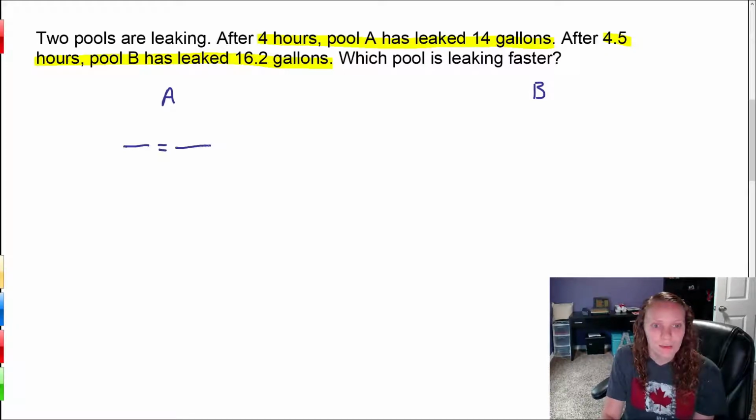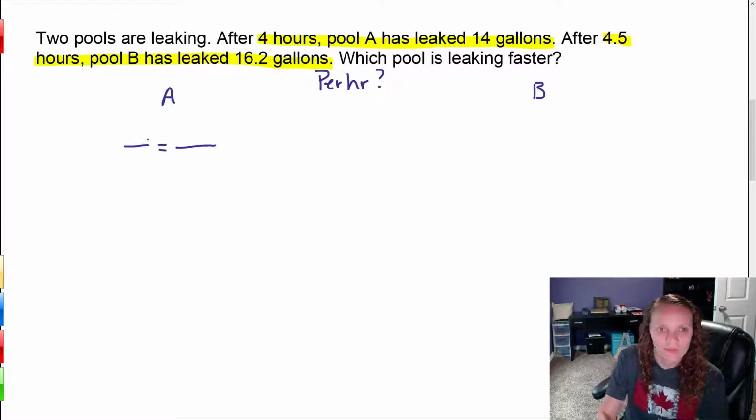So let's set up a proportion for pool A first. So after 4 hours, it leaked 14 gallons. And we're wanting to know how fast it's leaking per hour. So I'm going to have hours in the denominator, and then I'm going to put gallons in the numerator.